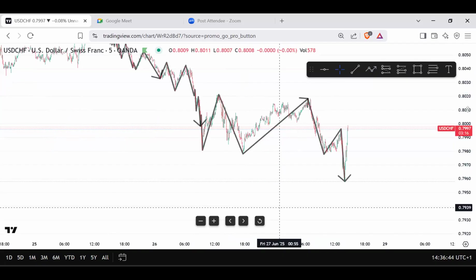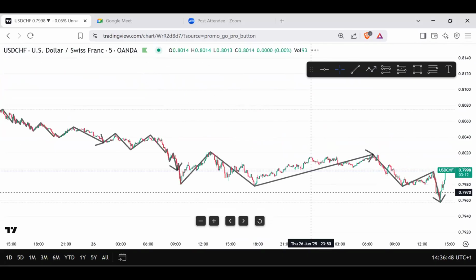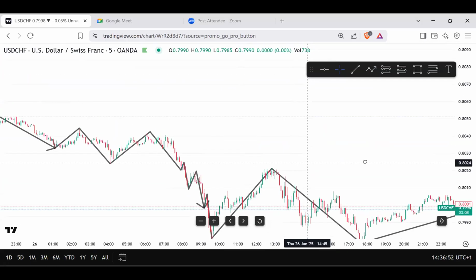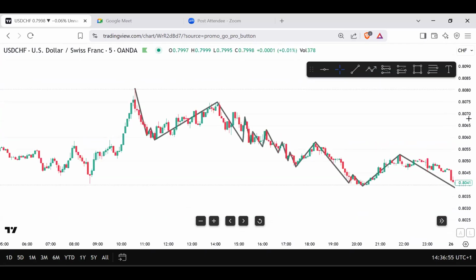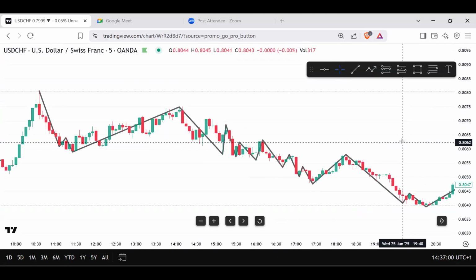All right. It's very important to pay attention to the valid pullbacks because an error can lead to mistakes.